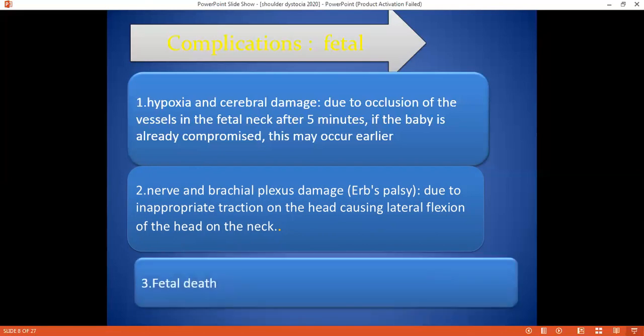Fetal death: if the condition lasts more than 5 minutes, there will be hypoxia and brain damage, and then fetal death. So appropriate management should be taken within an appropriate time.